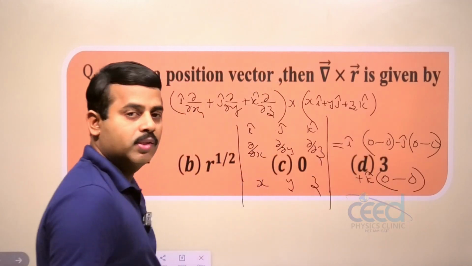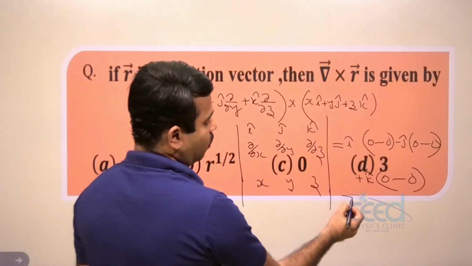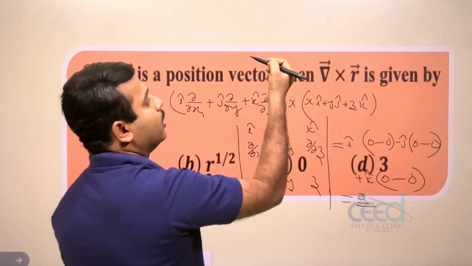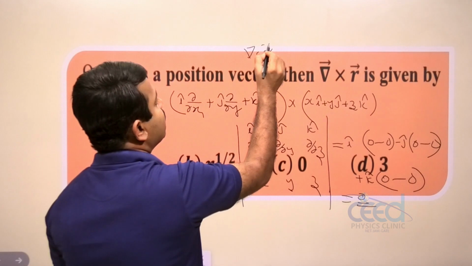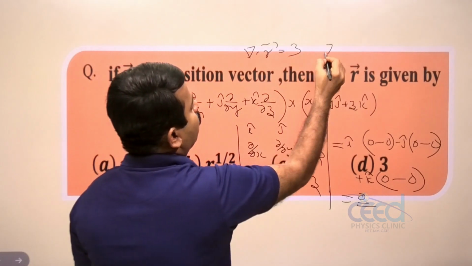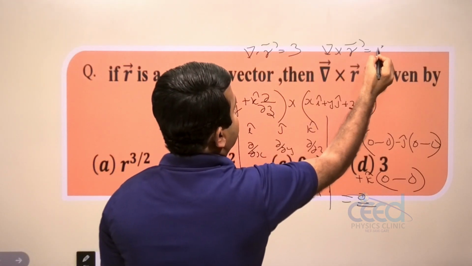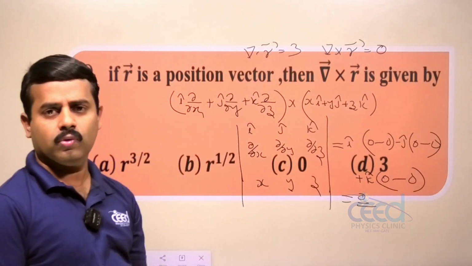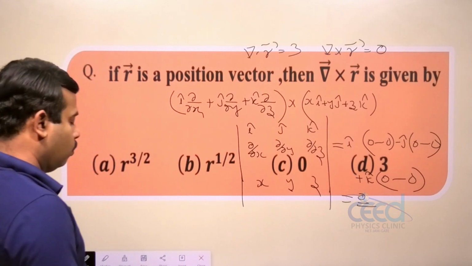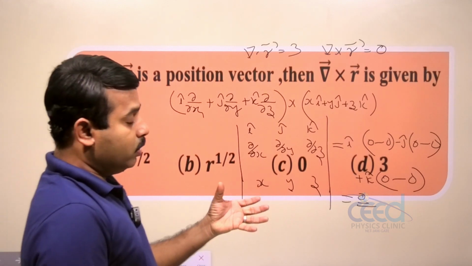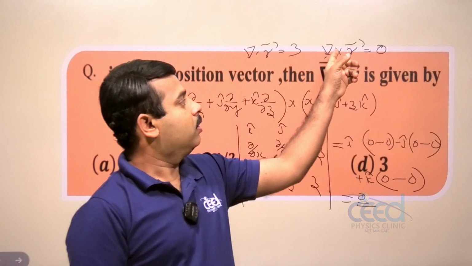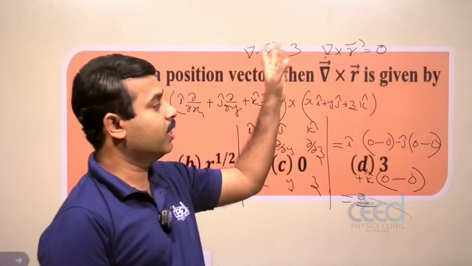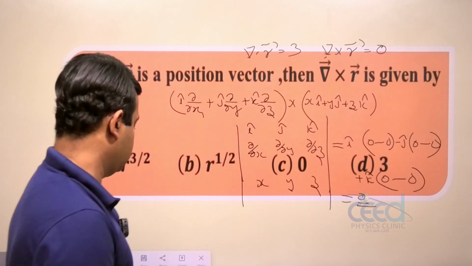So the complete term is 0, then the answer is 0. We already studied that the divergence of the position vector is 3 and del cross of the position vector is 0, right. These are two important results. You can prove both of them, including that the divergence is 3.